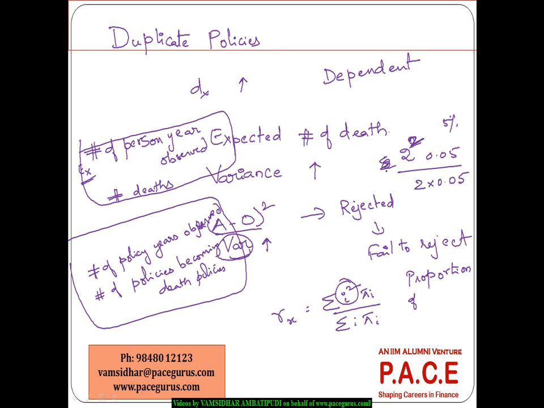And similarly, I will do it for three-policy holders, four-policy holders, five-policy holders. This will adjust the variance of the number of deaths.